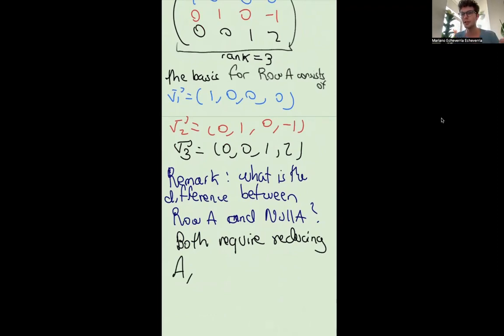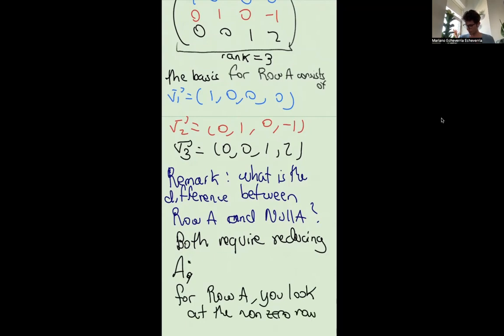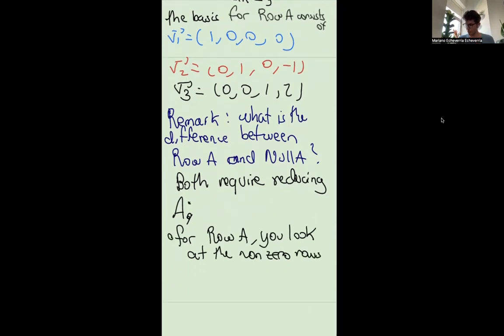But for row of A, you just look at the non-zero rows of that matrix. And for null of A, you have to rewrite it as a homogeneous system to solve for the variables.